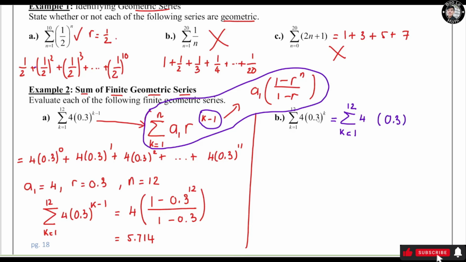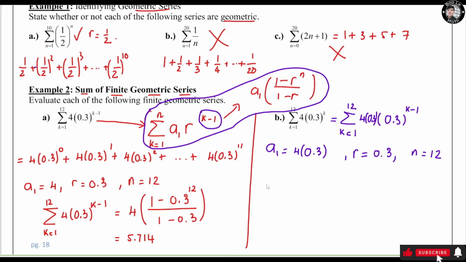Now 0.3 raised to the k, I can write as 0.3 raised to the k minus 1 times 0.3. So I can bring the 0.3 to the front. So now I have a1 equals 4 times 0.3. The common ratio r is still 0.3, and n equals 12.